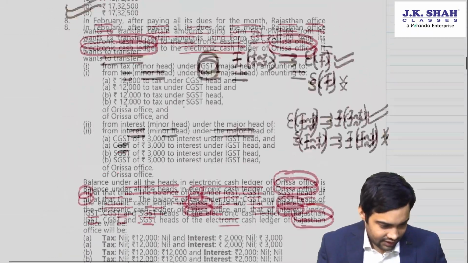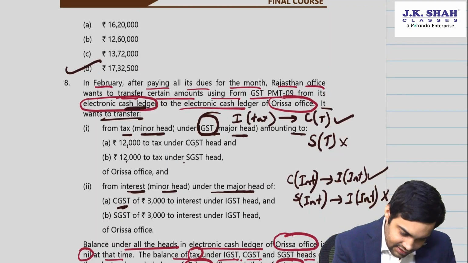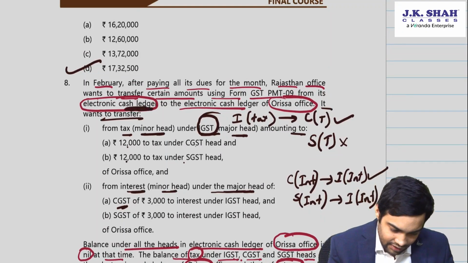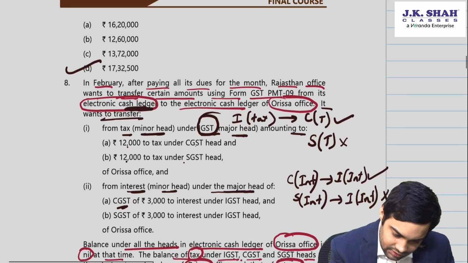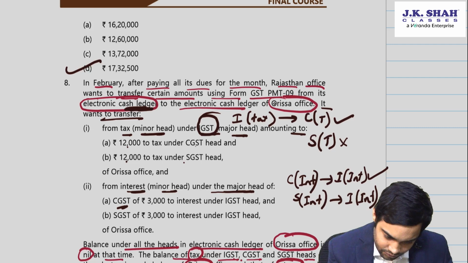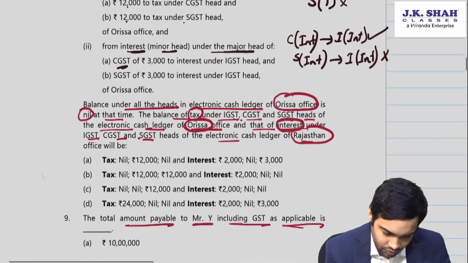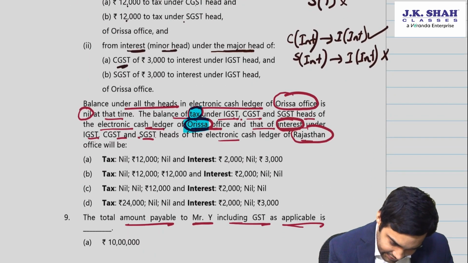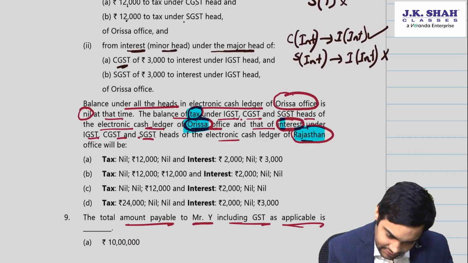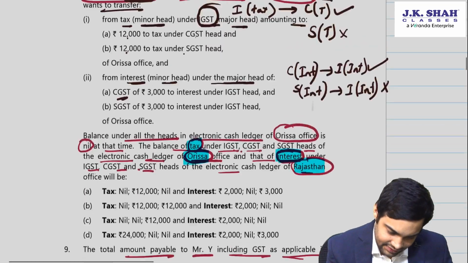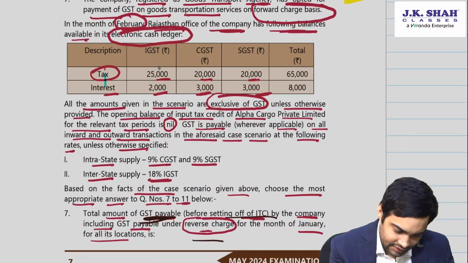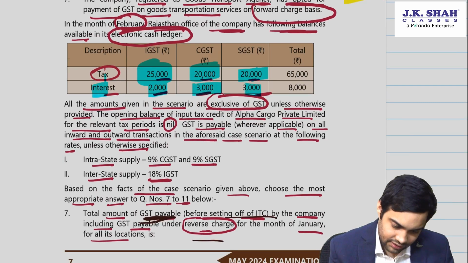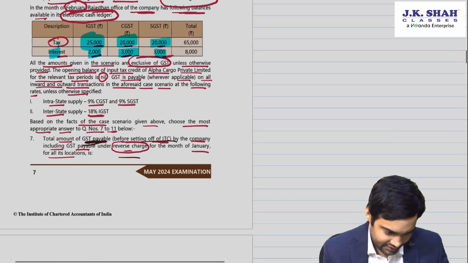Now let's see e-cash ledger. Now I have to compute what is the balance in Orissa in tax and Rajasthan interest. First let's see what is the balance available. Tax, IGST, CGST, SGST and interest. Let me write it here.